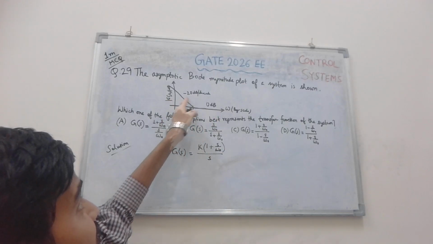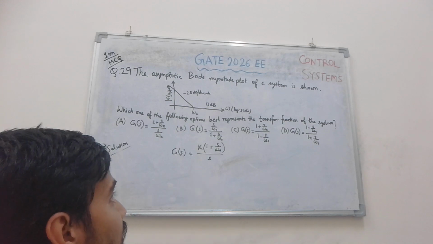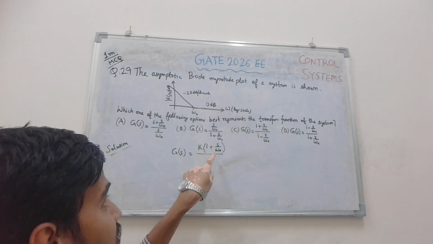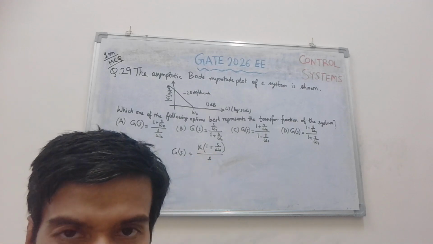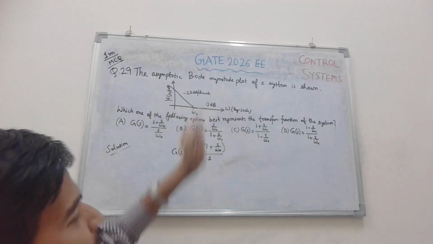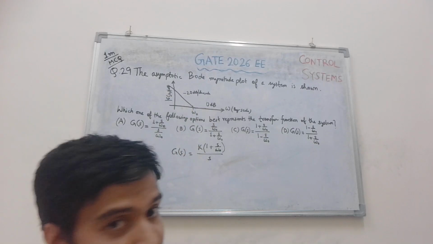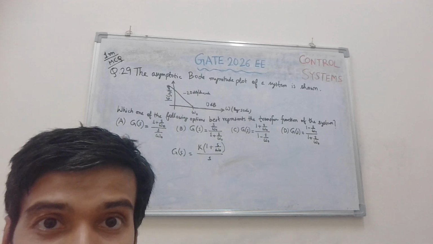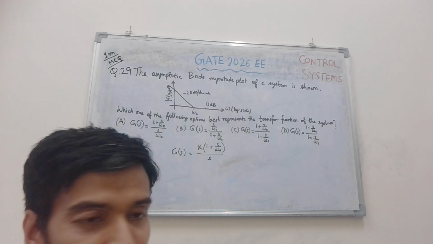And the initial slope is minus 20 dB per decade. There will be a pole at the origin, as we already discussed. So the transfer function has to be of this form: K into 1 plus S by omega naught, divided by S. Now at omega equal to omega naught, the magnitude is 0 dB or unity, that is 1. So as per the asymptotic Bode plot approximation, at omega equal to omega naught the magnitude is 1.